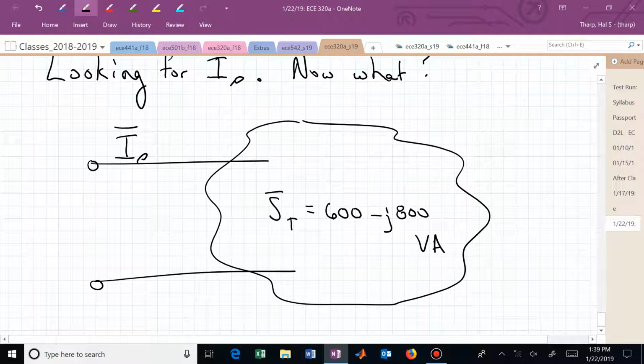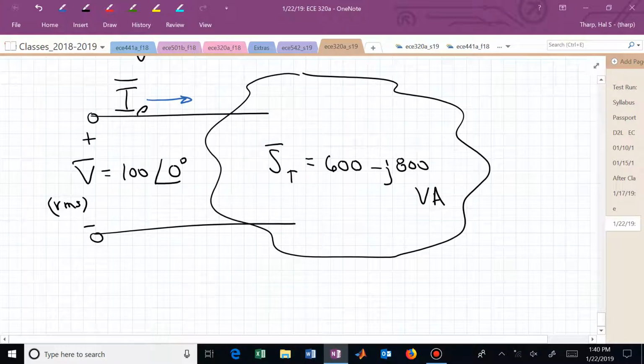volt amperes. And we are given that the voltage in RMS powering that particular interconnected network is 100 at 0 degrees, and we want to know what current is necessary to actually achieve a complex power of 600 minus j800.